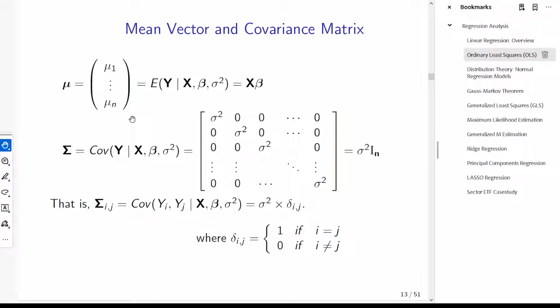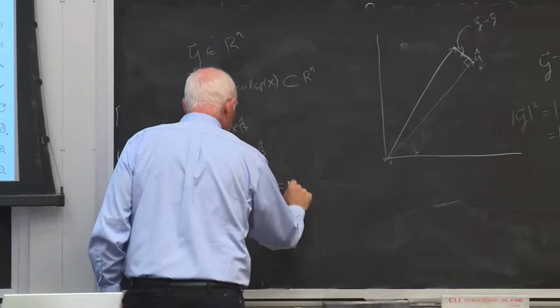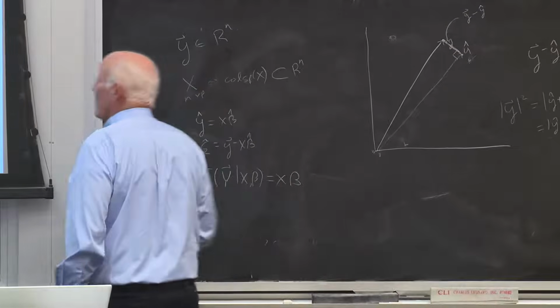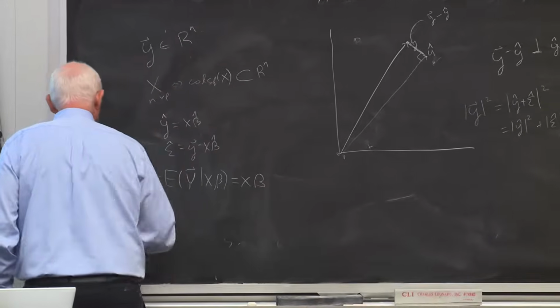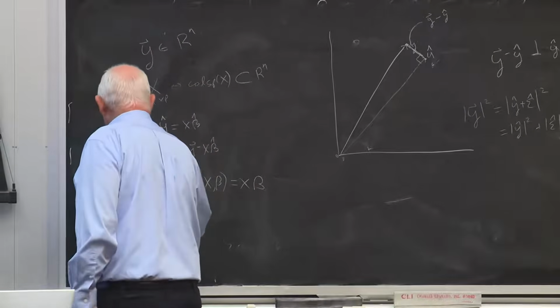And so in this slide, we use the notation of a mu vector for the conditional expectation of the y vector given x and beta. And we'll define this just to be a mu vector, that's an n vector.